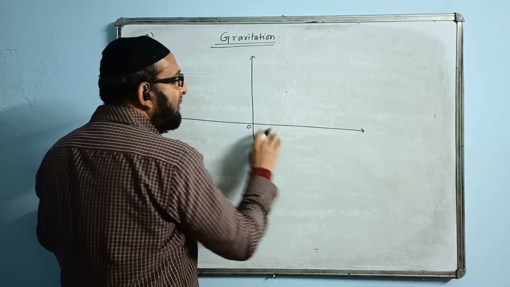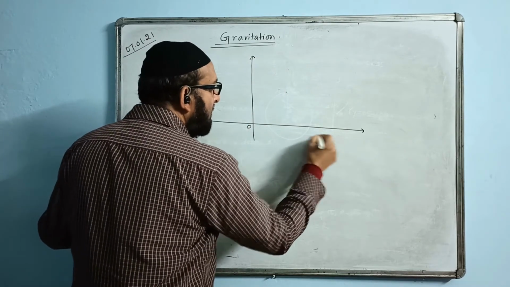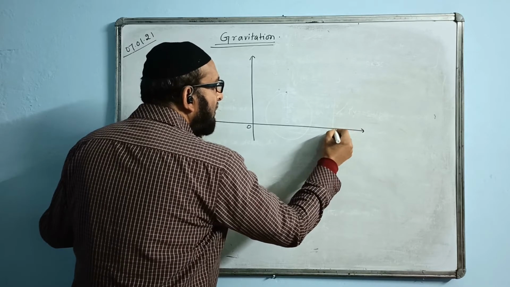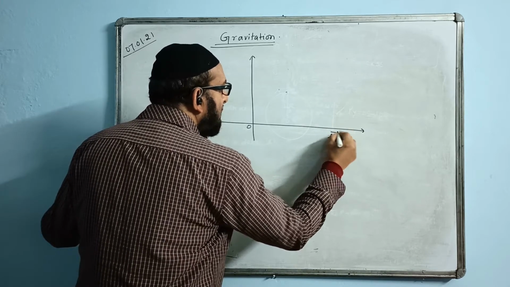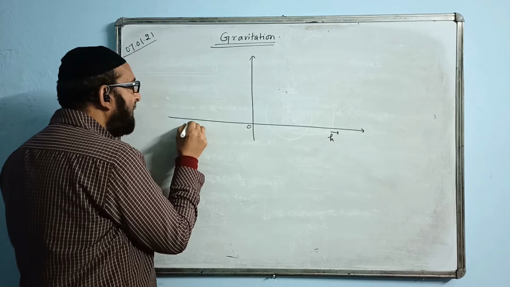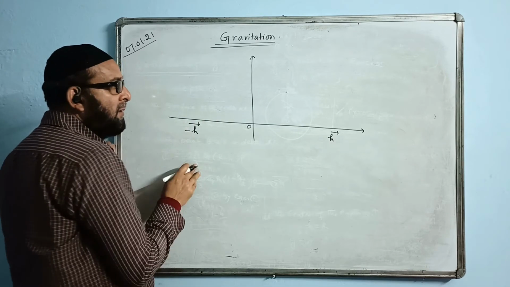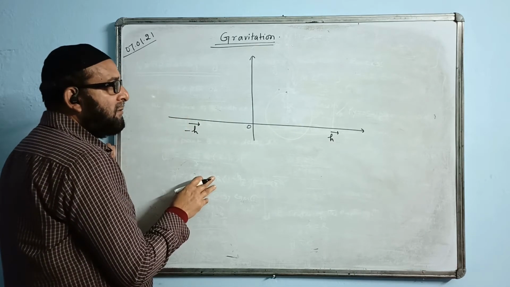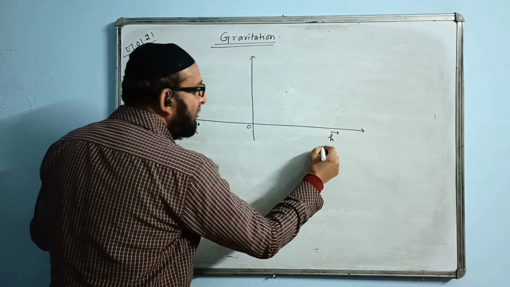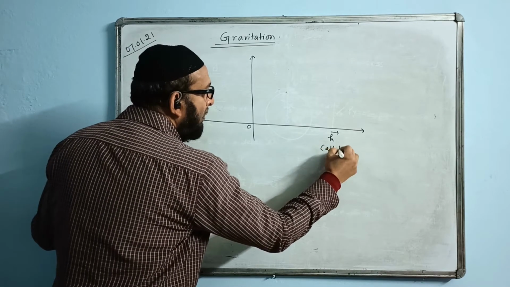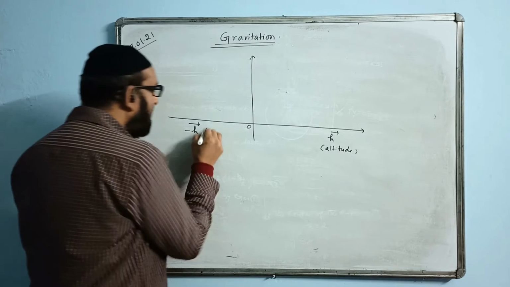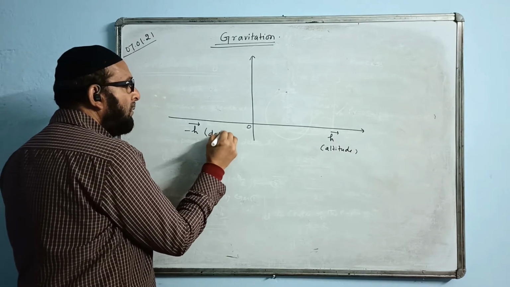This is the center of the earth. This side is height h. This side is negative h. Negative h means depth. This side is depth and this side is height. That means here we write altitude, and this side we write depth.